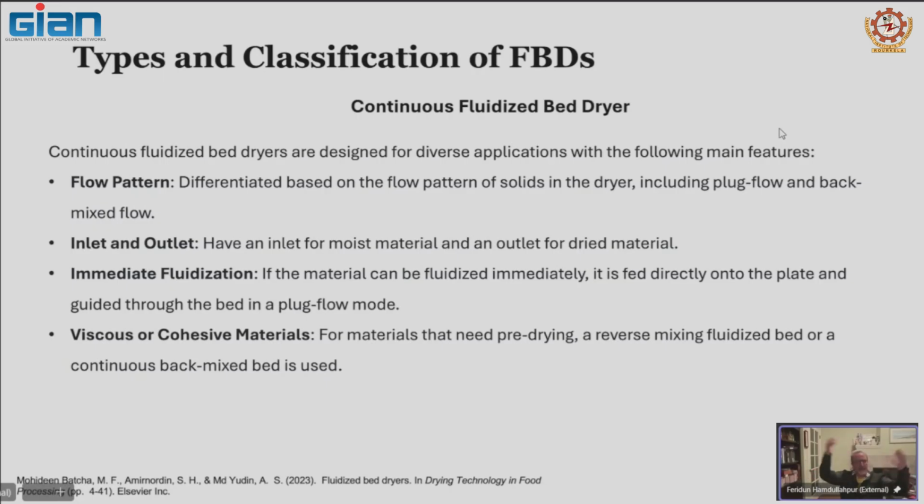With the batch one, as I said, you operate, then you stop, you unload, put the fresh batch in, and then you start again. Here, it's continuous. You have one port for material in, and after the prescribed time, you take the dried particles out.